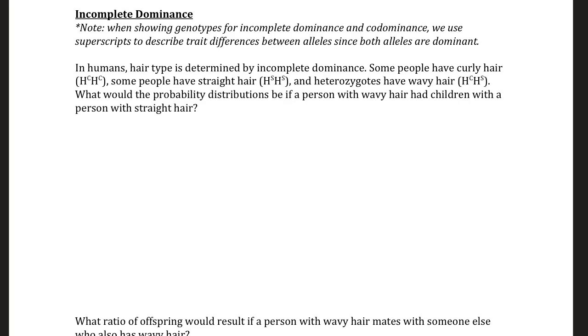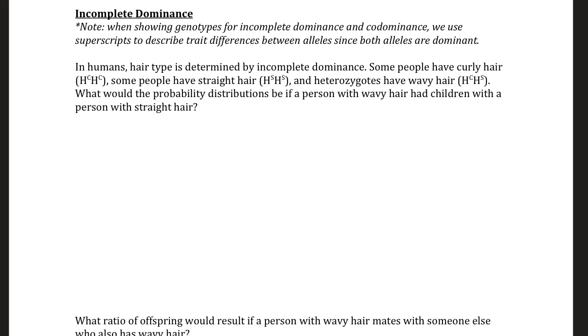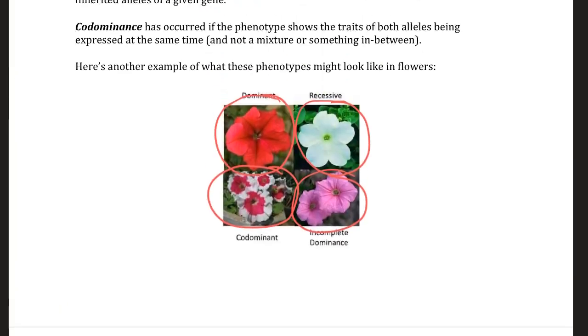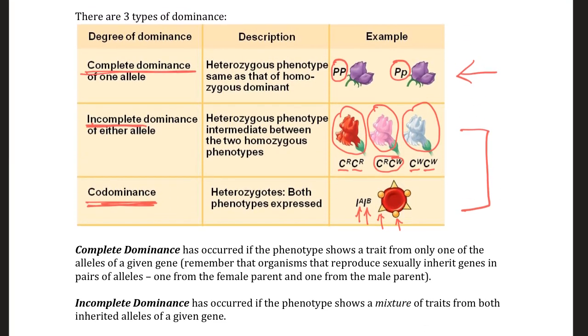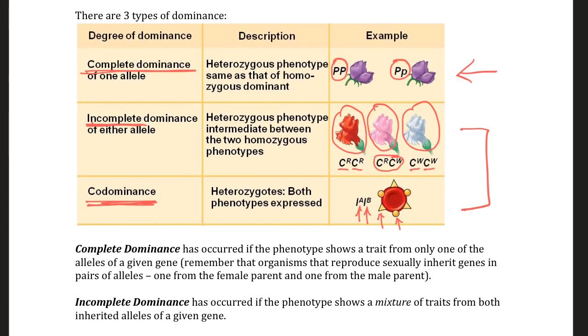So first of all, I should point out, and it says here in this note, that we use different symbols when it comes to codominance and incomplete dominance. And let me just go back up for a sec and show you the different symbols that we were using. So you can see here that for complete dominance, we used big P, small p.